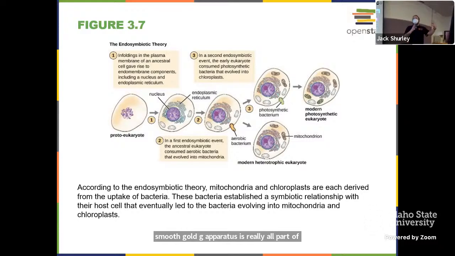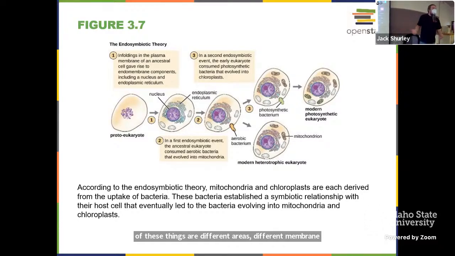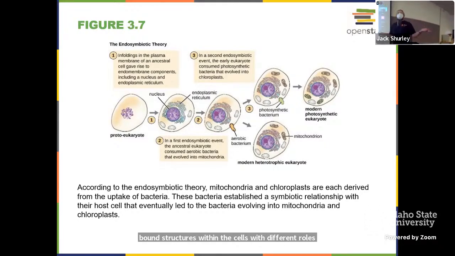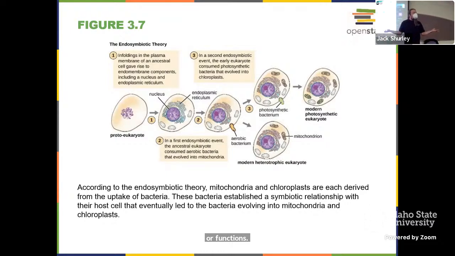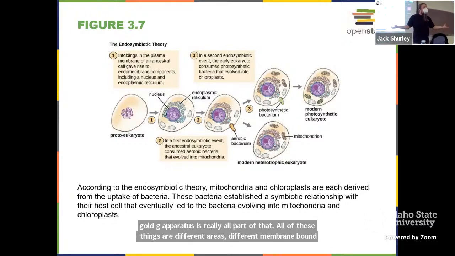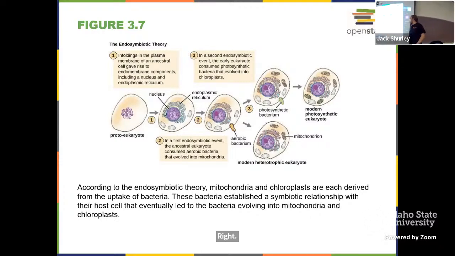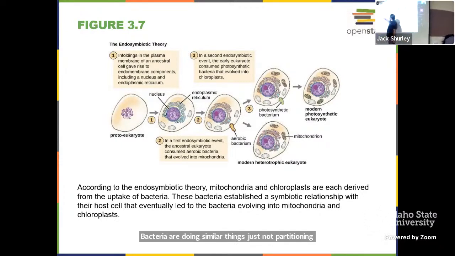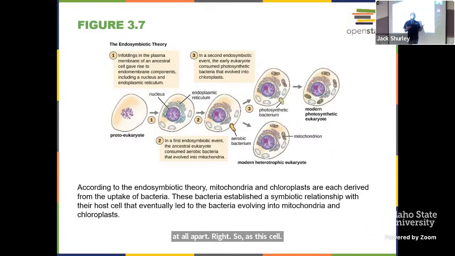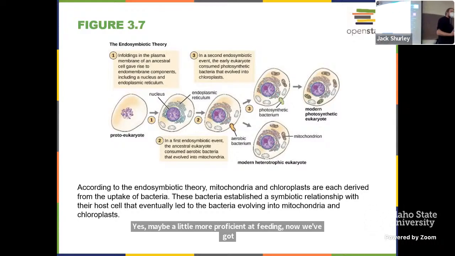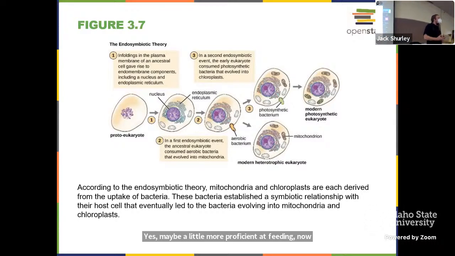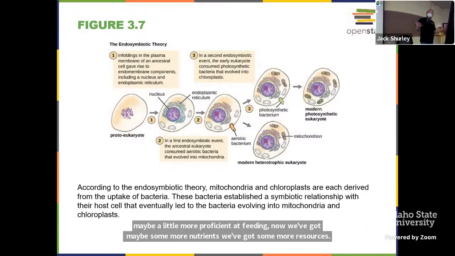All of these things are different membrane-bound structures within the cell with different roles or functions, right? The bacteria are doing similar things, just not partitioning it all apart, all right? So as this cell gets maybe a little more proficient at feeding, now we've got some more nutrients, some more resources, we start thinking about trying to maximize some of these potentials.